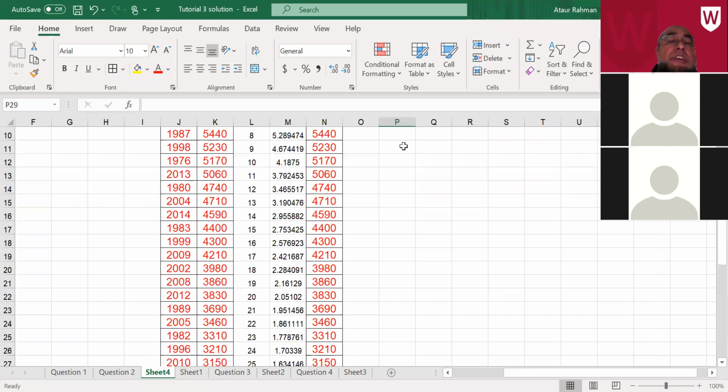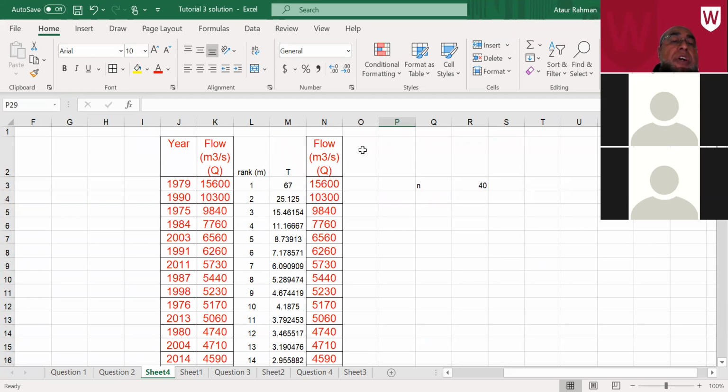So basically, to summarize, what I did was I ranked the data with the highest data point in rank 1 and second highest rank 2. And then I estimated the return period by this plotting position formula. There are a number of formulas given in the lecture notes.